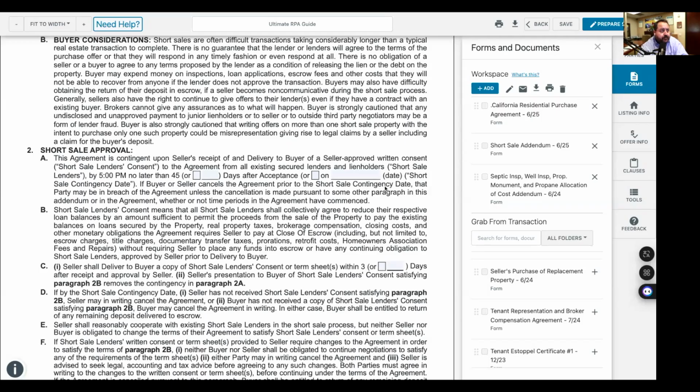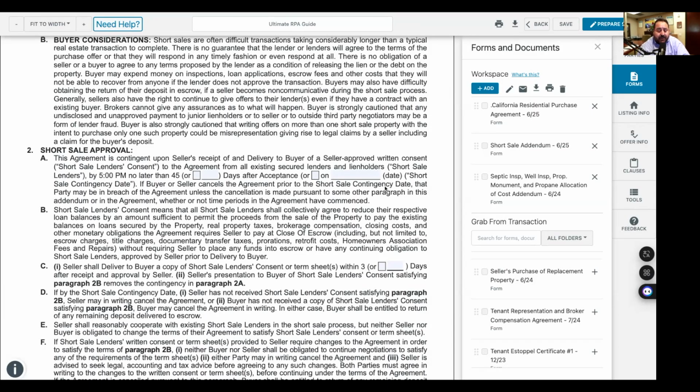Okay. If buyer or seller cancels the agreement prior to the short sale contingency date, that party may be in breach of the agreement unless the cancellation is made pursuant to some other paragraph in this addendum or in this agreement, whether or not time periods in the agreement have commenced. So here's the thing. You can't cancel prior to, because we're agreeing that we have that 45-day period.